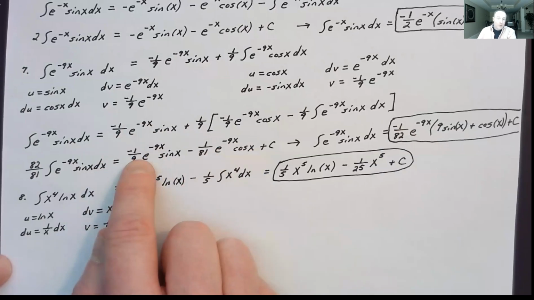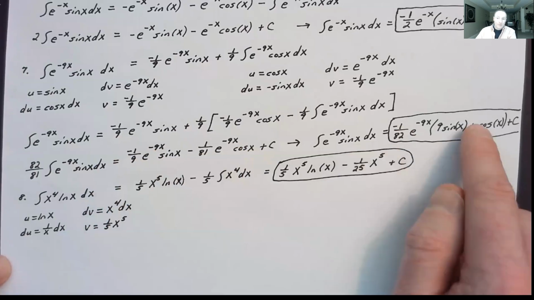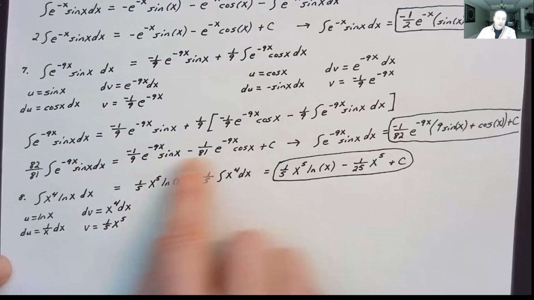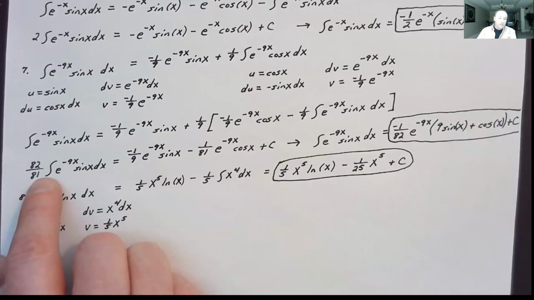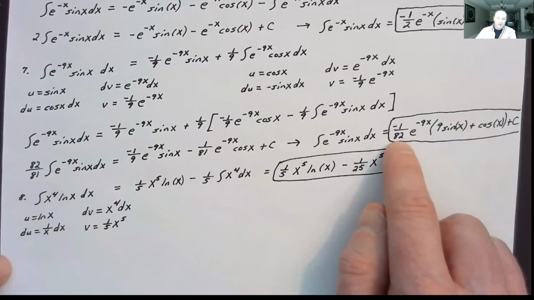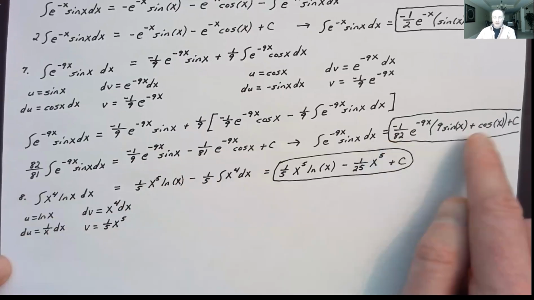When I factor a negative 1 over 81 out of the first term, it's going to leave me a factor of 9. The factor of negative 1 over 81 out of the second term, it's going to leave me a factor of 1. So you've got your 1 cosine. I factored that negative 1 over 81 out, multiplied it by 81 over 82 to get my negative 1 over 82 there. So just some arithmetic that I did from this step to this step.